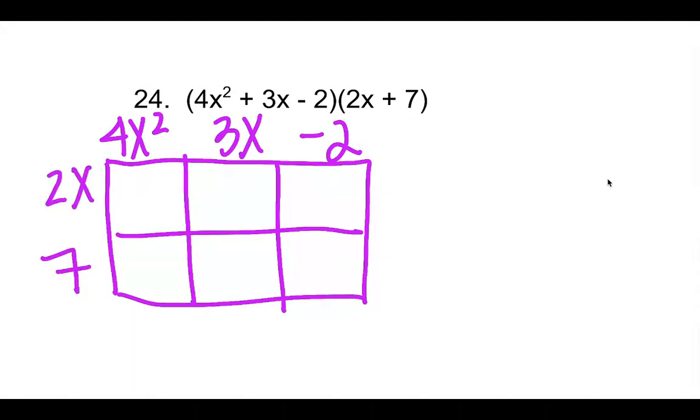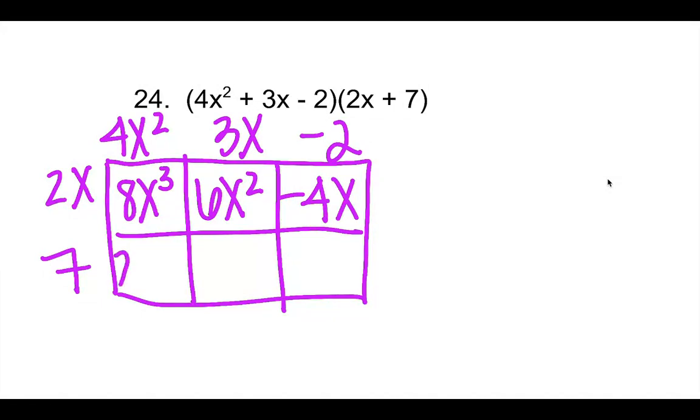So 4x squared times 2x is 8x to the third. 3x times 2x is 6x squared. 2x times negative 2 is negative 4x. 4x squared times 7 is 28x squared. 3x times 7 is 21x. And negative 2 times 7 is negative 14.